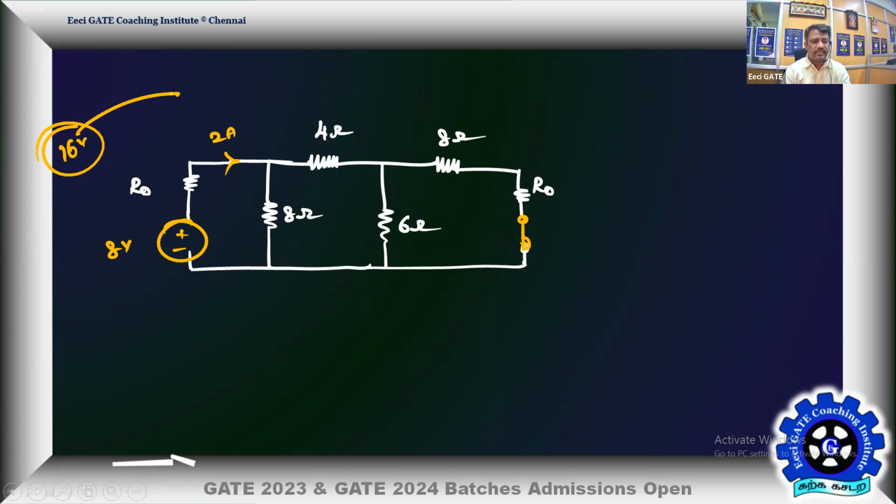Now if I decrease my excitation to 8 volts, it is divided by 2. Therefore, the current is also divided by 2. The current is going to become 1 amp. That's your current I32. So this is the voltage V2. V2 alone acting in the circuit, as per reciprocity, gives current I32 equal to 1 amp.